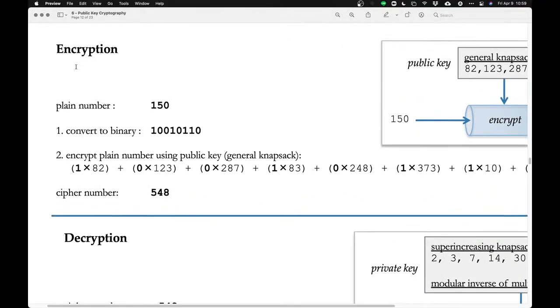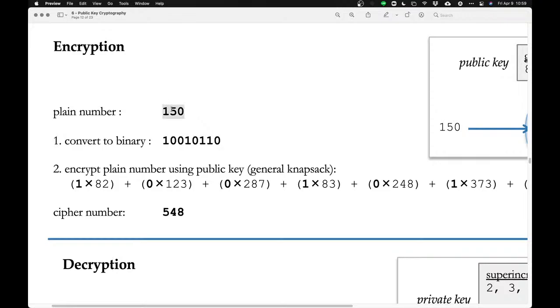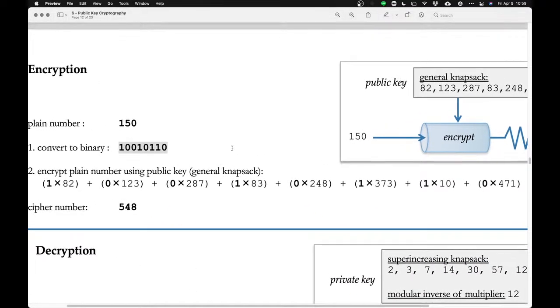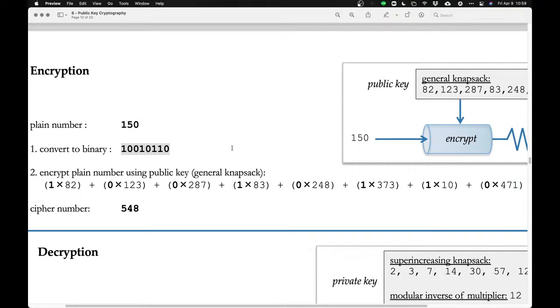So, encryption. Let's take the number 150 and we want to encrypt it, okay? First, convert it into binary numbers: 10010110. That's the number 150 in binary. To encrypt it, you simply place these bits as the weights or coefficients of the general knapsack, the public key.